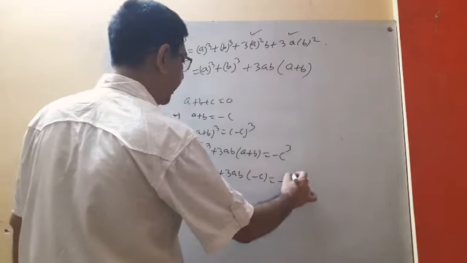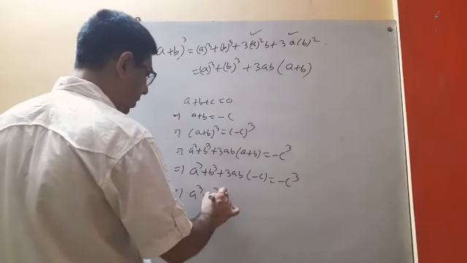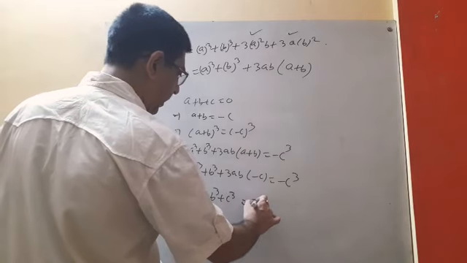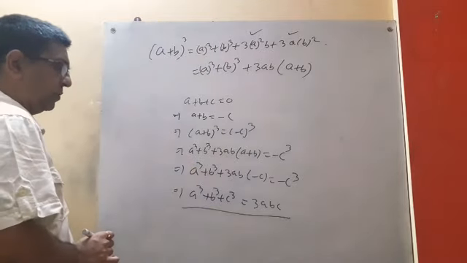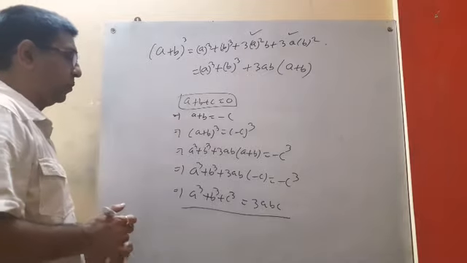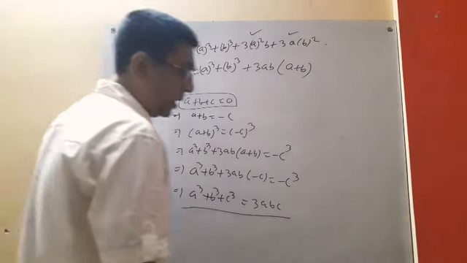Minus c, equal to minus c cube. That means a cube plus b cube plus c cube. If a plus b plus c equal to 0, we can say a cube plus b cube plus c cube equal to 3abc. So these are the formulas of a plus b whole cube.